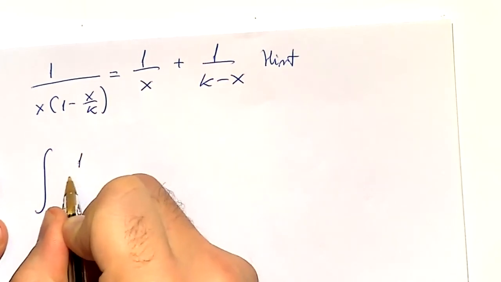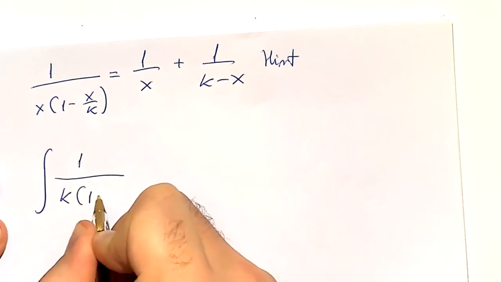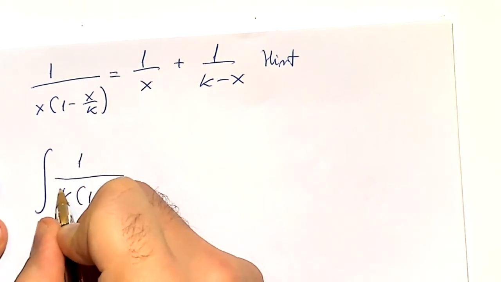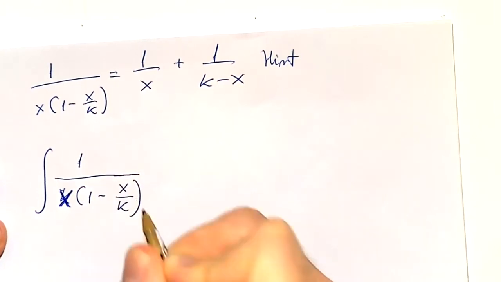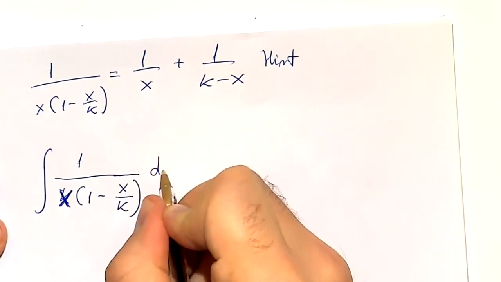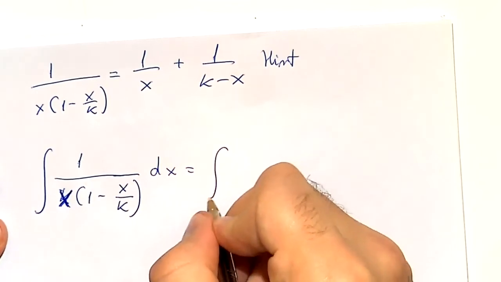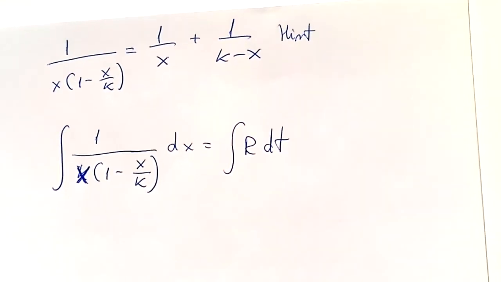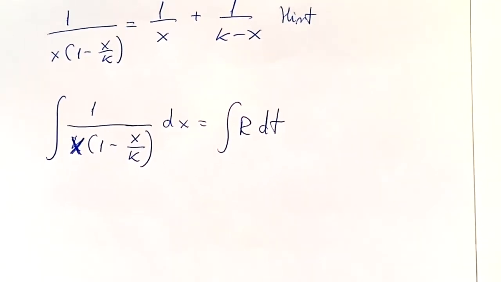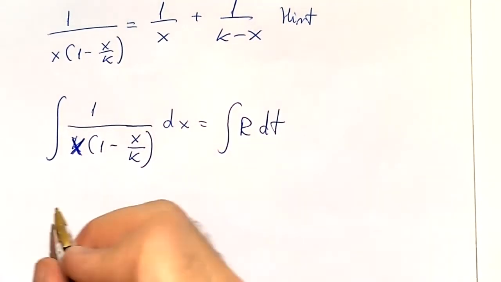So I get the integral. My equation, I'll just write it here so we have it on the same page: the integral of 1 over x(1 - x/k) dx is equal to the integral of r dt. I just wrote it as the same formula, but I had to write it since it was on a different page. Now I'm going to use the formula up top.